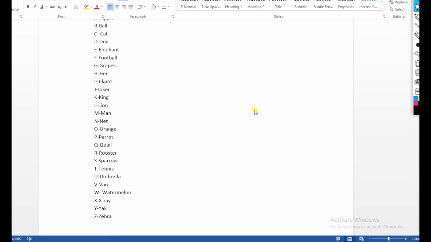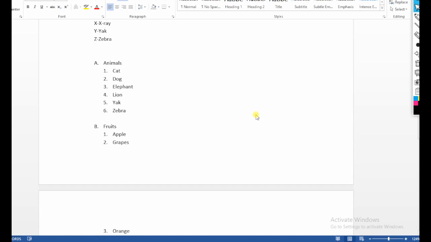This is the example of summarization. Now you can see here we club the same nature of variables, like cat, dog, elephant. There is some commonality in all the items, and we give the name animals.